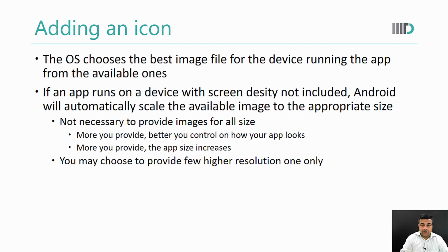The more images you provide, the better you control how your app looks. However, your app size increases with each image that you provide. And if you provide only, let us say, a few higher resolution images, then you do not exactly know how they will look on a device with lower resolution. You leave it to the OS to decide. Now let's go into our program and try to see how we add an icon image to one of our buttons.